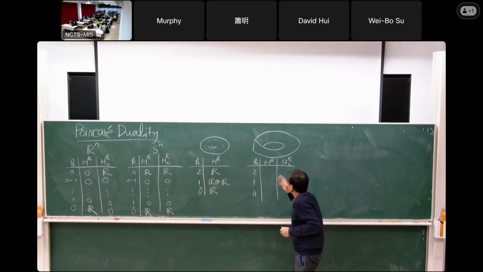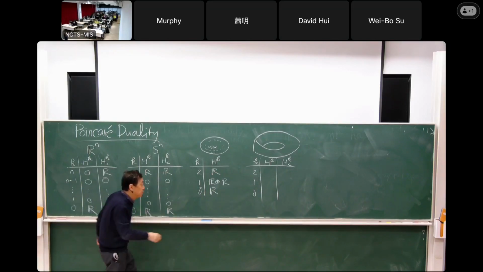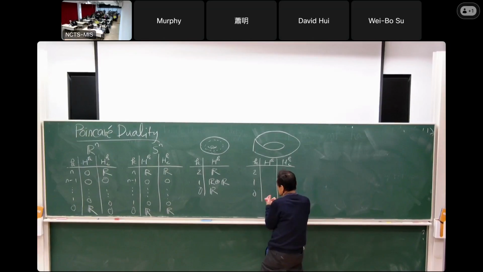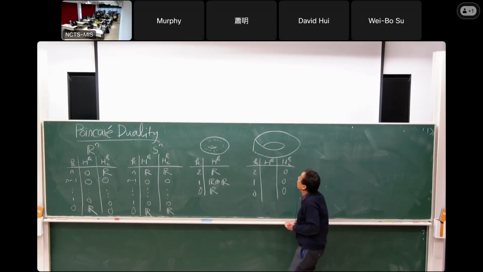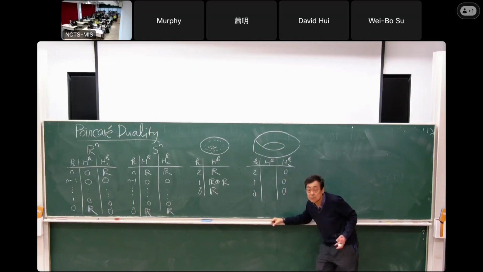But we just did the cohomology with compact support, and so we know that this is 0, 0, 0. And then what is the ordinary cohomology of the Möbius strip?